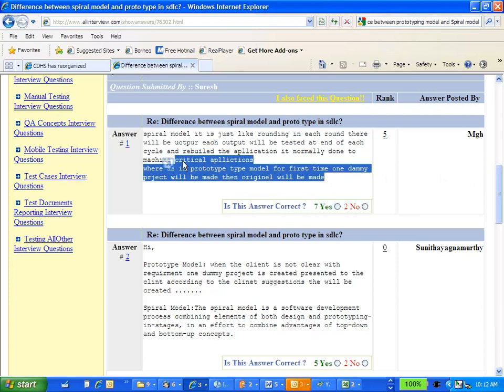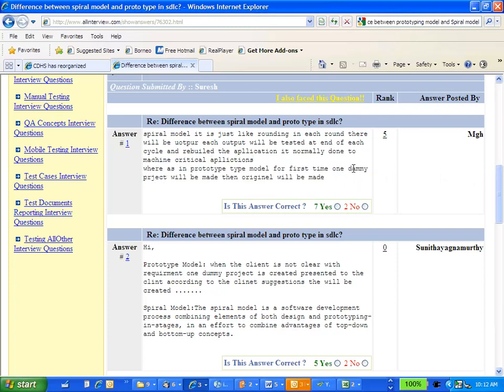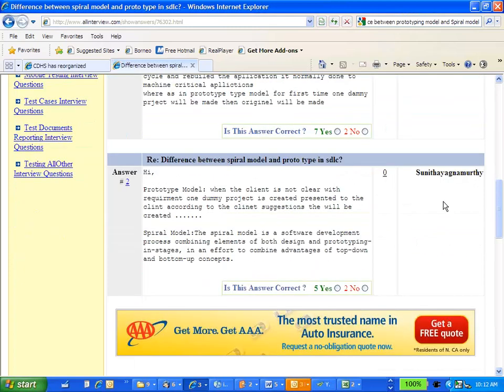One dummy project we made, then original will be made. IT Toolbox? Prototyping, when the client is not clear with the requirements, one dummy project is created, presented to the client. According to the client's suggestions, the product will be created. Spiral model. The spiral model is a software development process combining elements of both design and prototyping in stages in an effort to combine advantages of top-down.